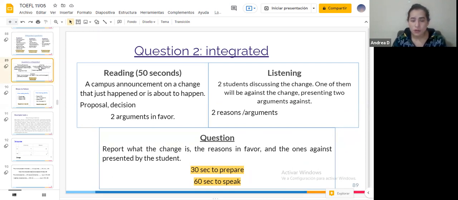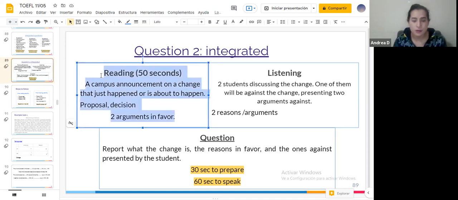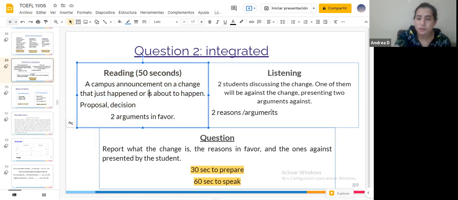When you're listening to the conversation, you're allowed to take some notes. You can also take notes when you're reading, but it's not necessary because the reading is going to stay there on your screen the whole time, so you can read again. But I don't think that's necessary.